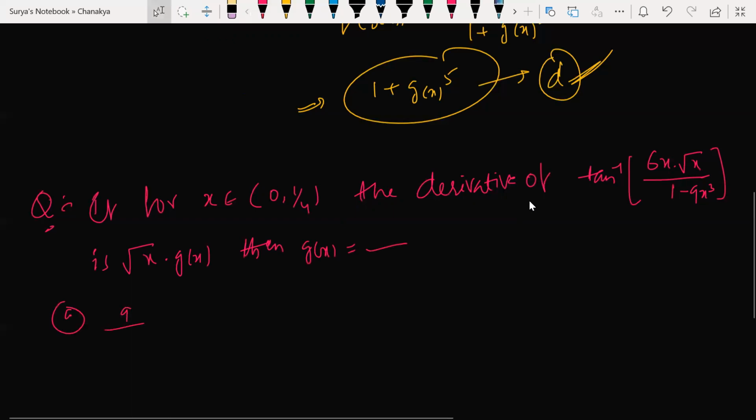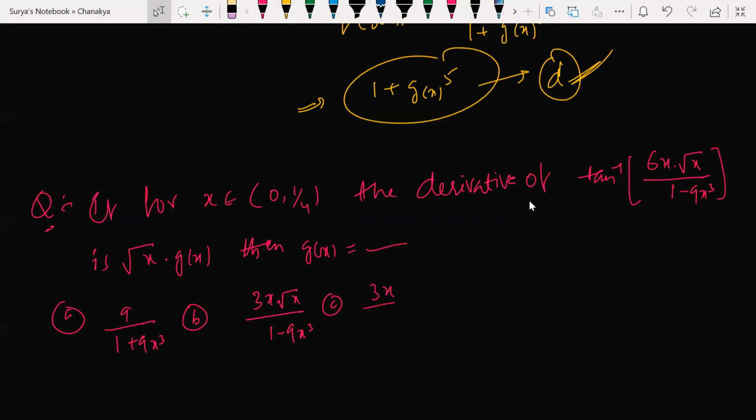Option A, 9 by 1 plus 9x cube. B, 3x into root x whole divided by 1 minus 9x cube. C, 3x by 1 minus 9x cube. Option D, 3 by 1 plus 9x cube.